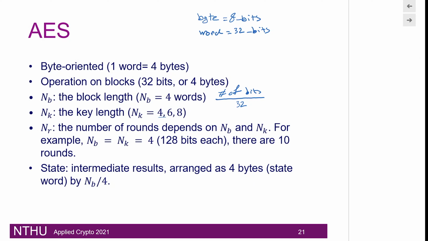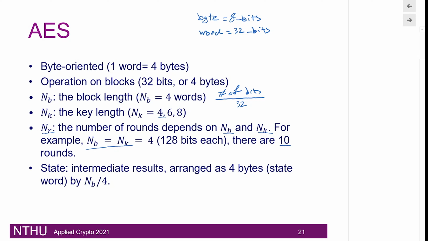As we said, the number of rounds is a function of the number of blocks and the number of key words. In this lecture, we are only looking at the case where the number of block words and key words is 4. Then we have 10 rounds in total to do the encryption.